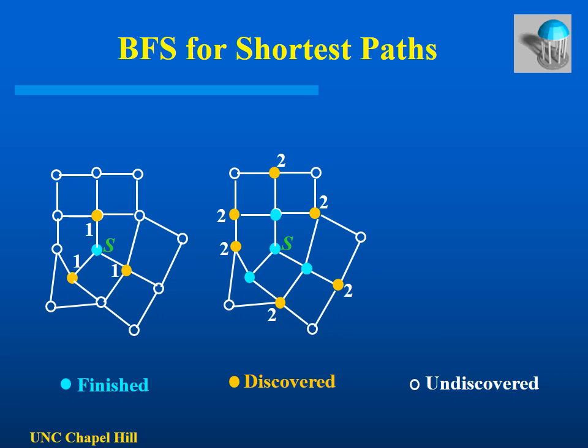So let us, for example, consider the node just directly above node S. It had been labeled as path length 1. It has 4 adjacent nodes, S and the one immediately to the left of it, the one immediately to the right of it, and the one immediately above it.